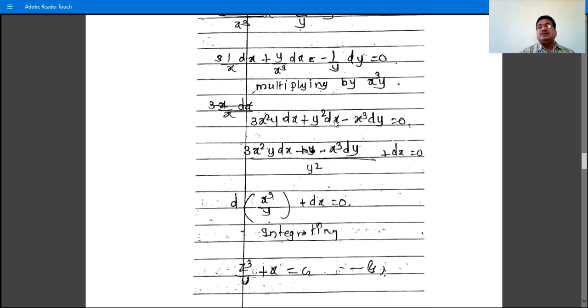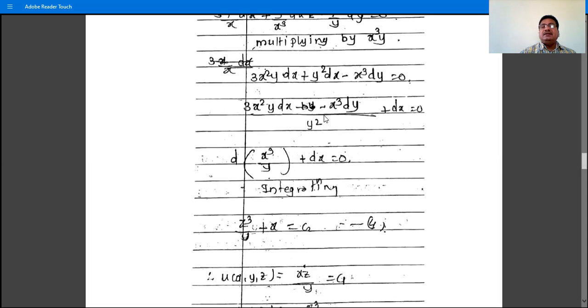Dividing by y square throughout, we have this, and this is the derivative of x cube by y. This is the derivative of x cube by y plus dx is equal to 0.